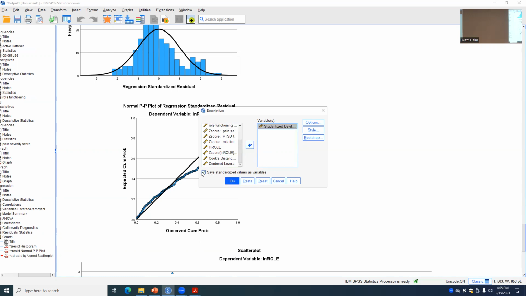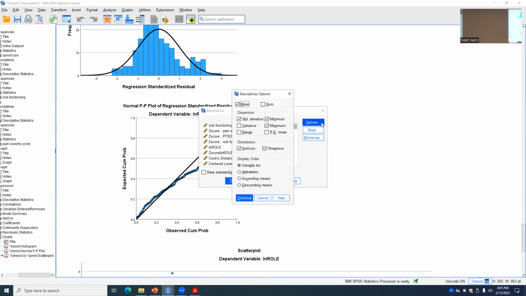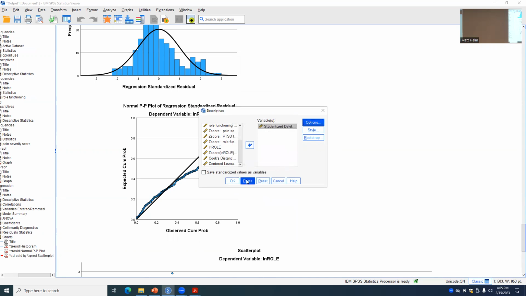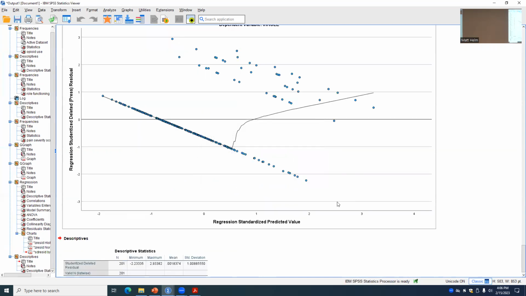I don't need Z values for that because they already are Z values. I don't need skew and kurtosis. Or yeah, I do. Don't worry about scanning those. I'm going to hit OK.